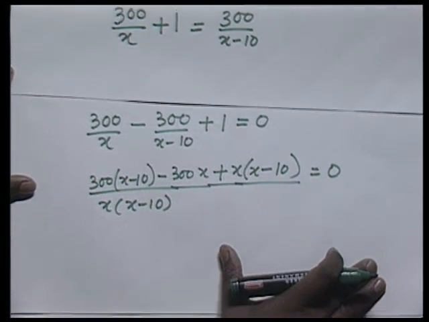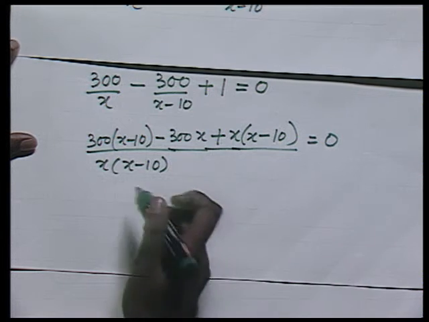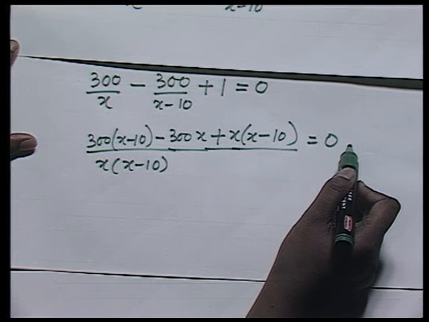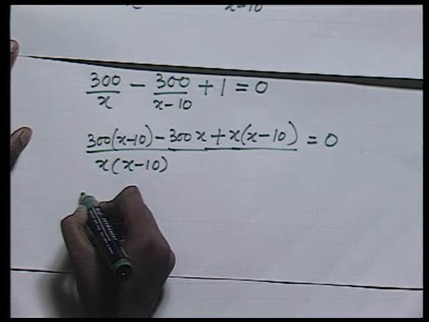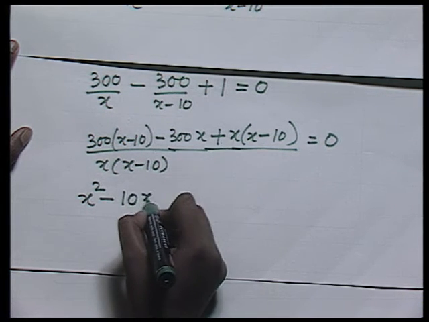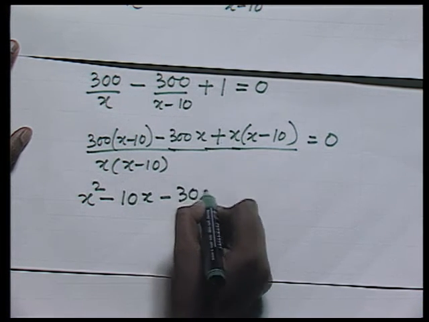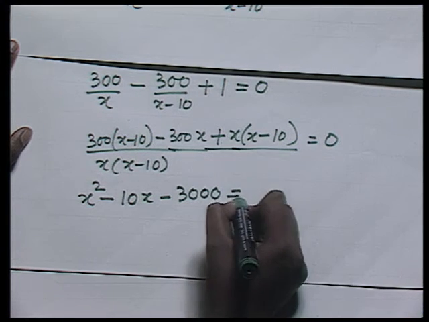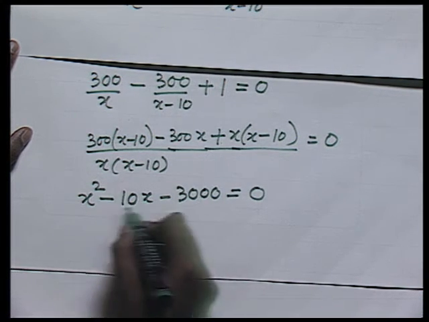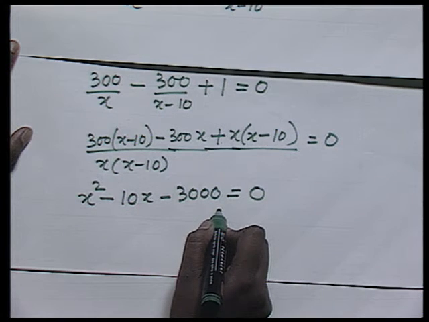Solving this equation and taking this expression to the right hand side, we get the final equation as x square minus 10x minus 3000 equal to 0. Now, again we find that this equation is of quadratic form, and we know how to solve a quadratic equation of this form.